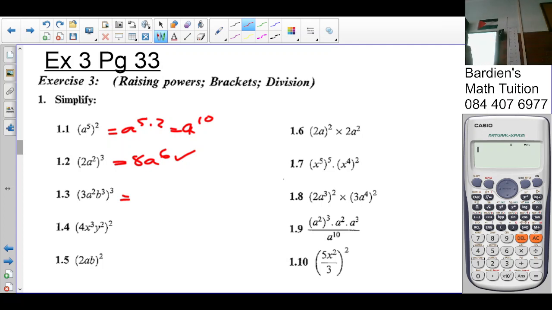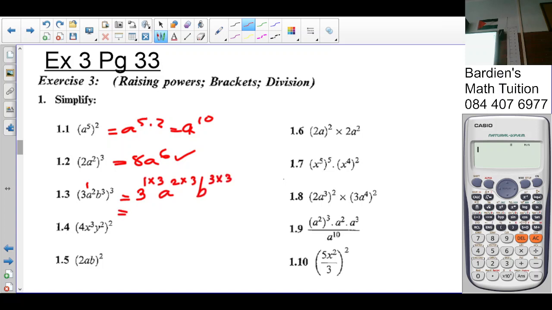How do we get that? Again, if there's no exponent on that 3, what is there? A 1. So in other words, that would be 3 to the exponent 1 times 3, a to the exponent 2 times 3, and b, 3 times 3.